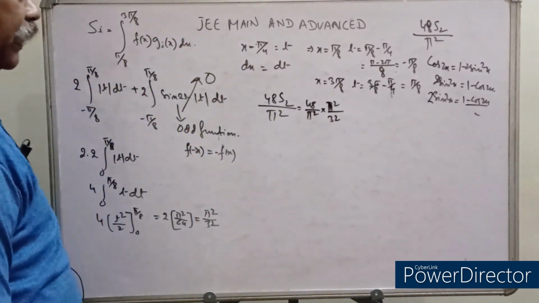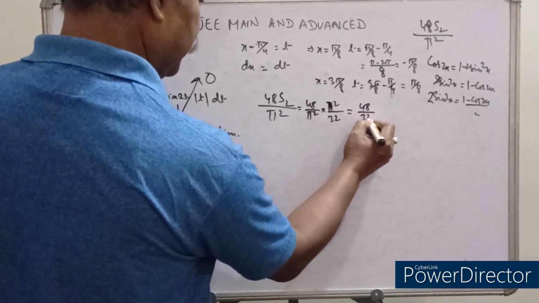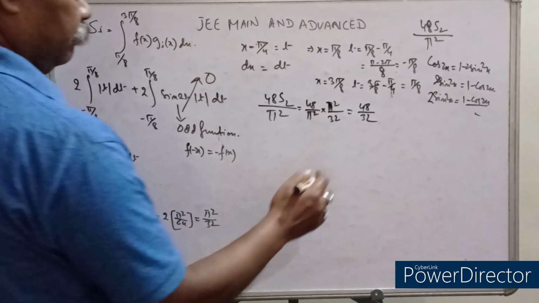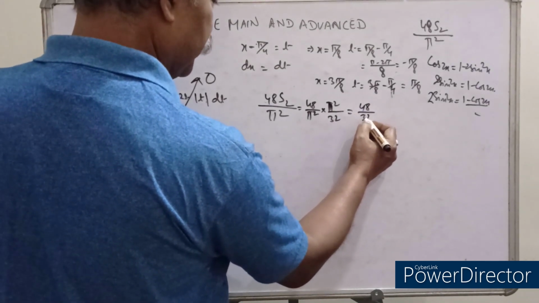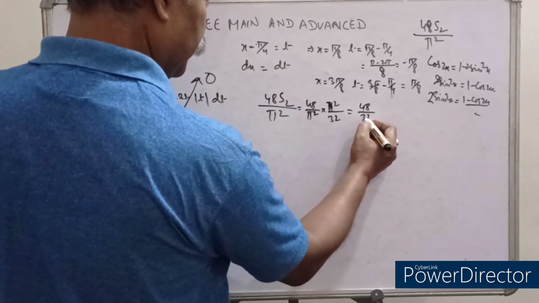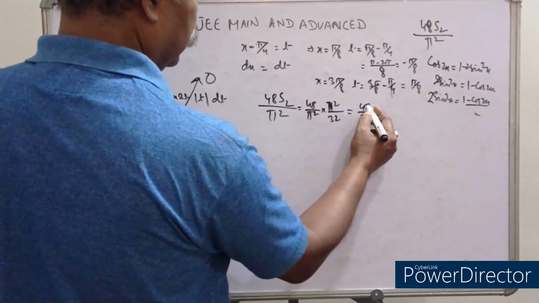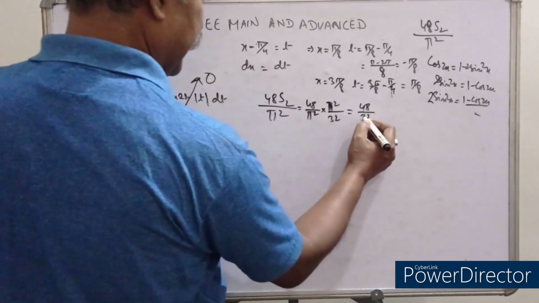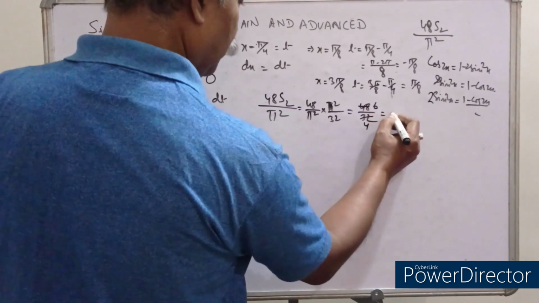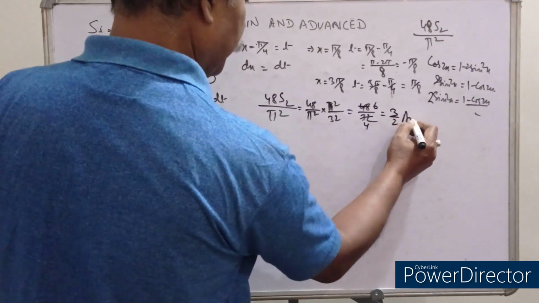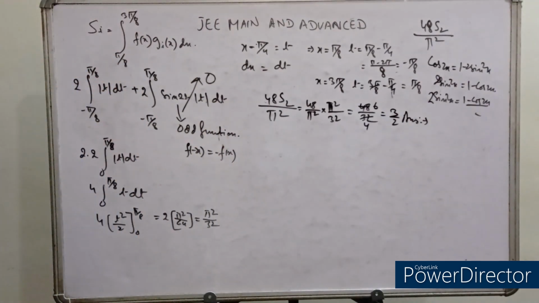Pi square cancels out. So this comes out to be 48 by 32. If you convert it to the lowest term, it will be how much? 4 by 32, 8 6. So 3 by 2 will be your answer.